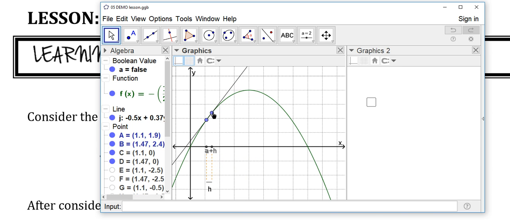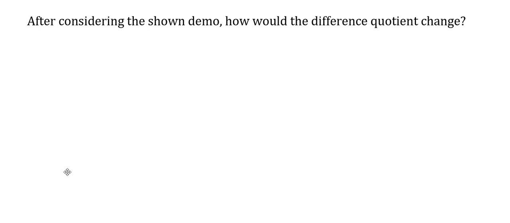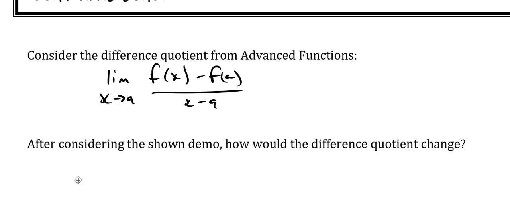Okay, and here's my challenge. You can do this with an elbow partner, or you can try to do it yourself and then compare it to somebody. I want you to try to rewrite the difference quotient with the new demo.